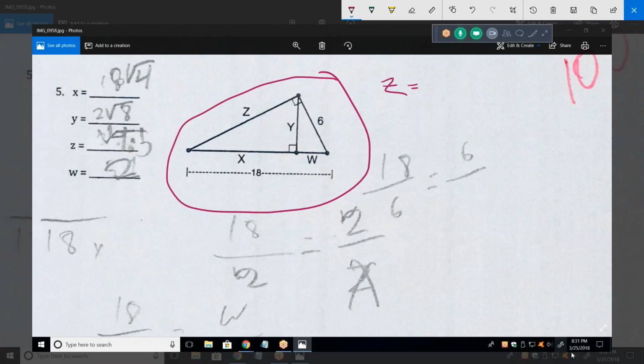So you could do z is equal to 18. Oh, hold on, squared. Always begin your answer with square root of. So z is equal to the square root of 18 squared minus 6 squared. Plus?